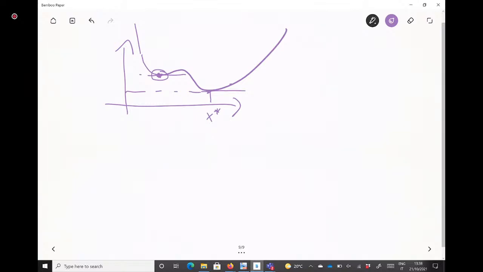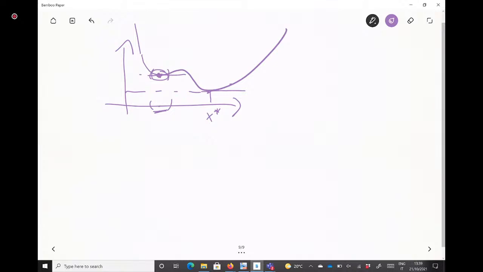So there is a more formal definition: it is possible to identify a neighborhood of the point such that that property holds for any point of the neighborhood. A neighborhood is an interval including the point, in one dimension.